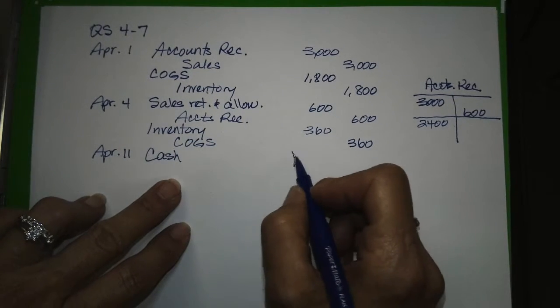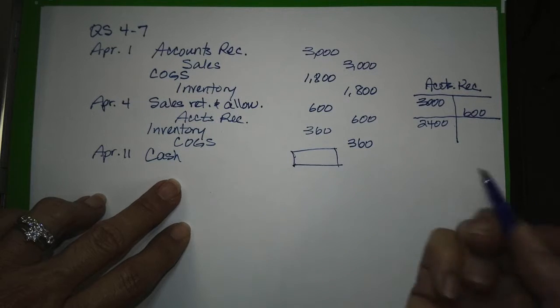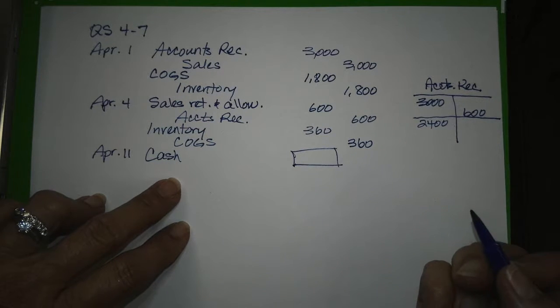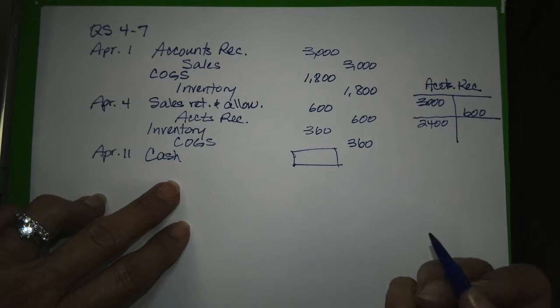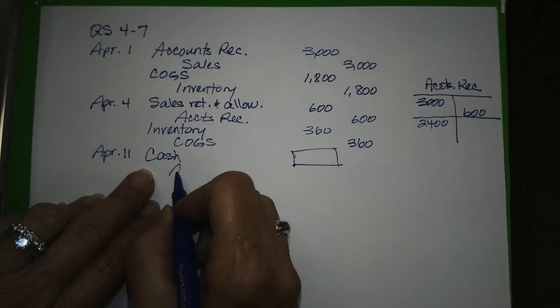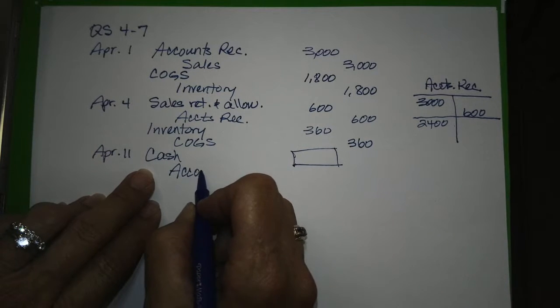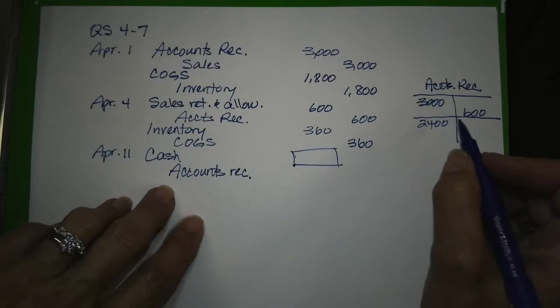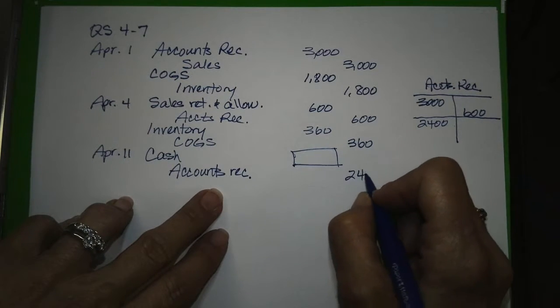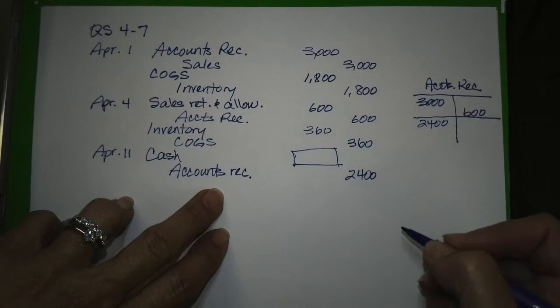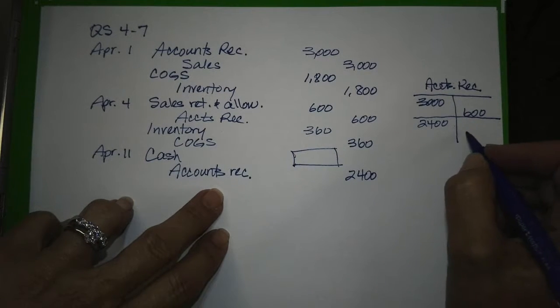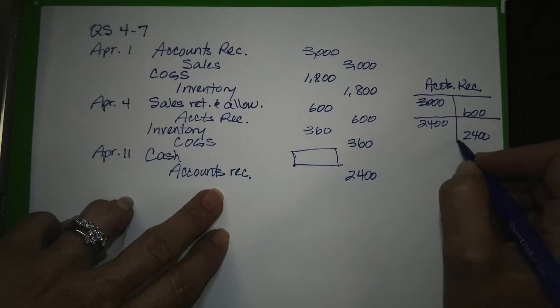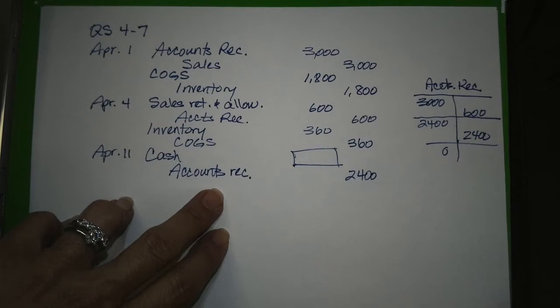They're going to pay us some discounted amount that I don't know what it is yet. So what I like to do is I like to reduce accounts receivable for the whole amount that they owe us, because that's what we're going to have to do. Even though they take the discount, we still have to get their whole account showing paid up, okay?